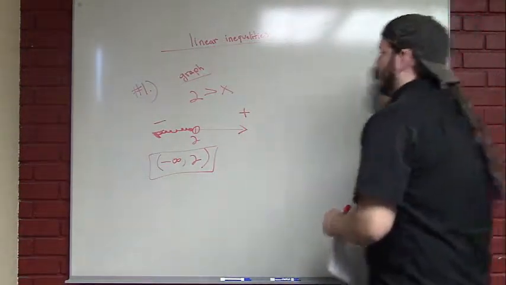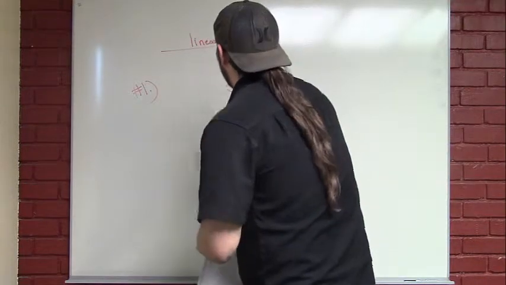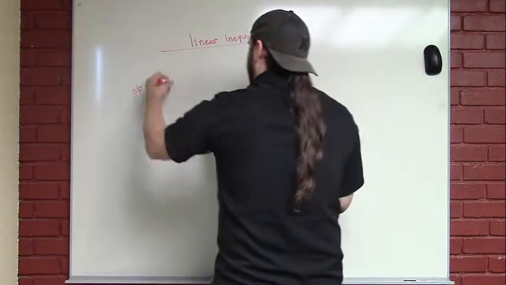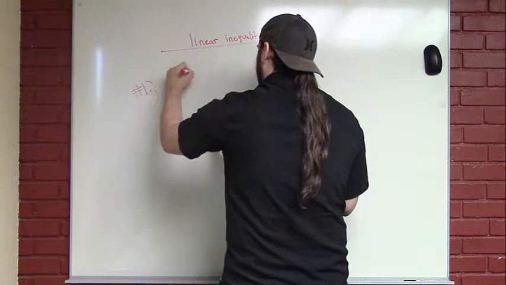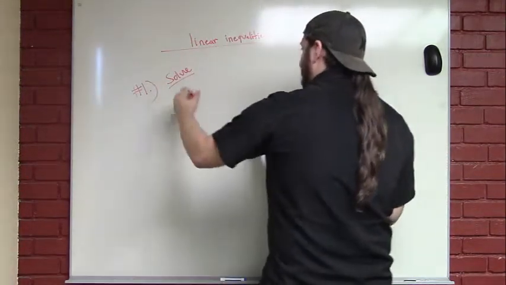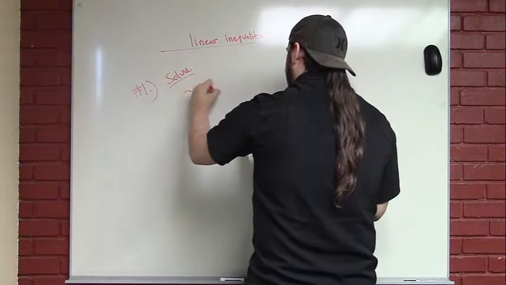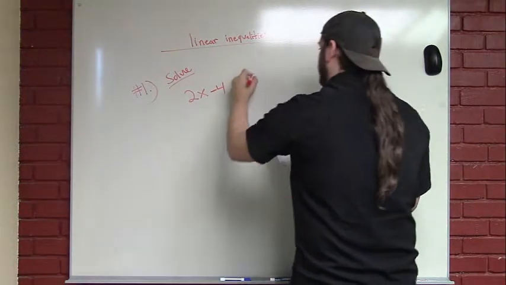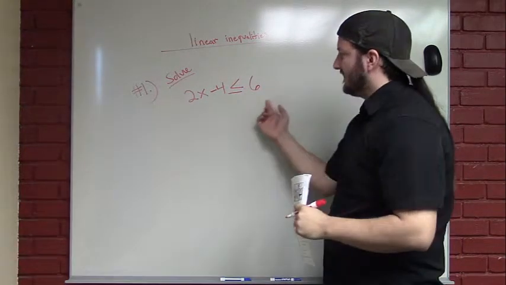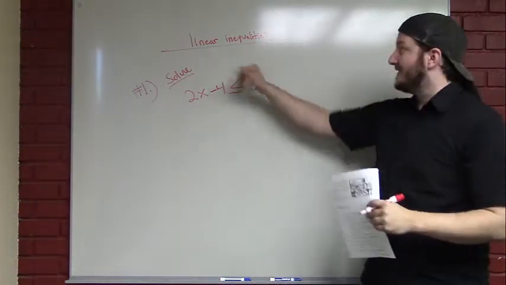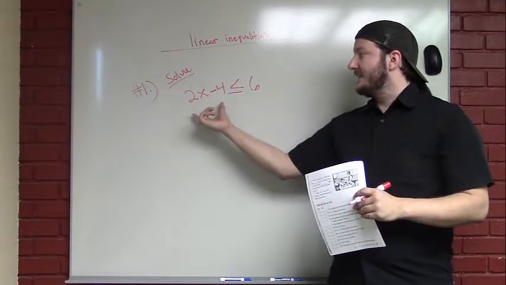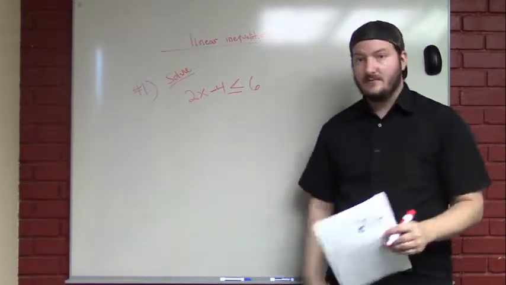Okay, cool. Number 2. Solve. Well, actually the last one was graph, I guess. This one is solve. 2x minus 4 is less than or equal to 6. Okay? So now, this is why it's linear inequalities, because this is basically a line, right?